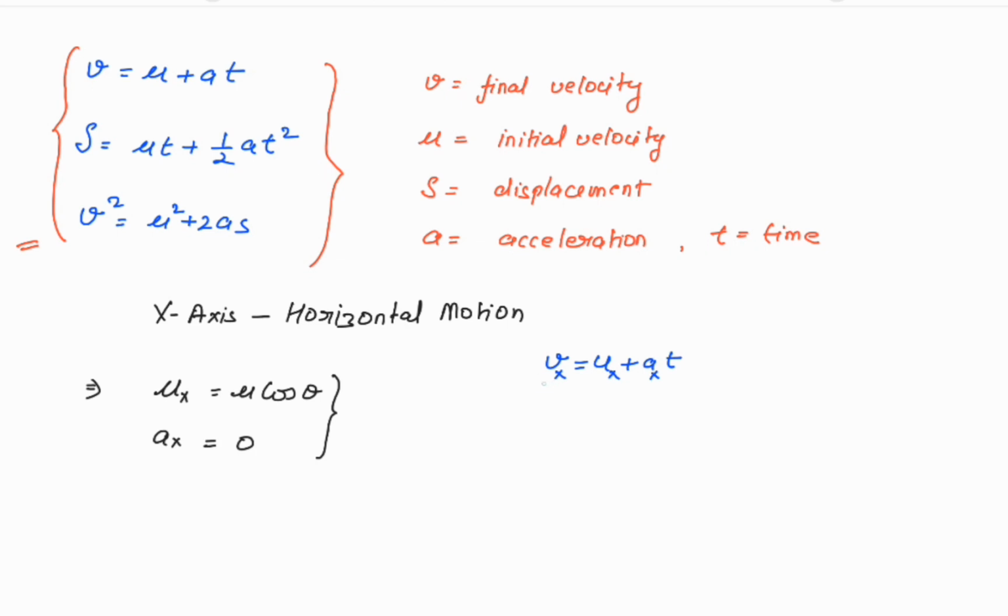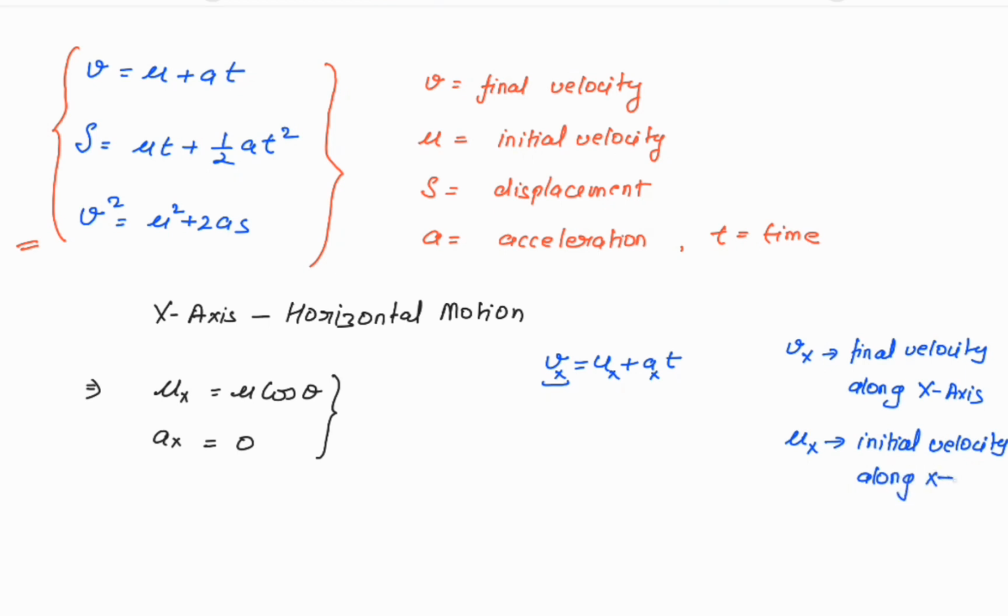Okay, what is vx? v is the final velocity along the x-axis. What is ux? u of x represents the initial velocity along the x-axis.